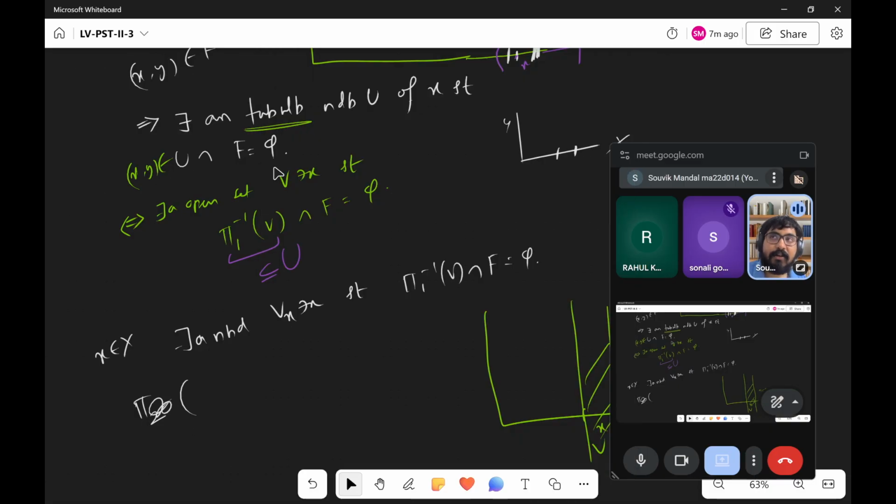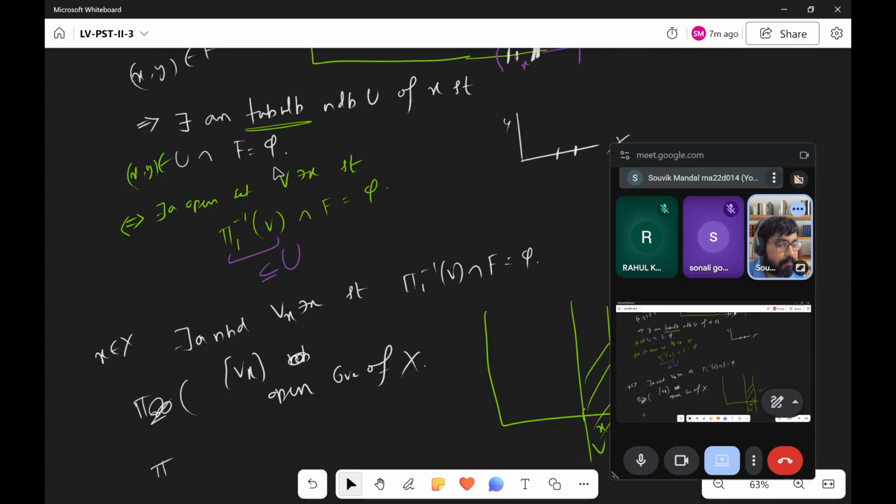So basically, in order to use the compactness of Y, we have to come up with an open cover of Y, correct? But till now for each point x, we get a neighborhood Vx around x. That means this Vx forms an open cover of X. But we need to go to an open cover of Y, correct? So what we'll do?